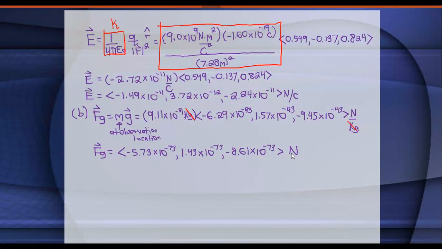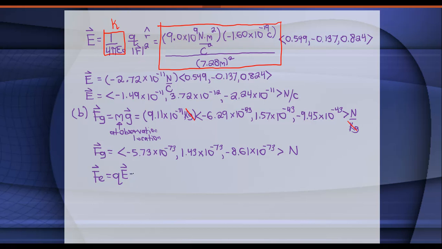Now, we can do a similar thing for the electric force. We can calculate the electric force just by drawing a perfect analogy with the gravitation equation. So instead of Fg, we write Fe. Fe is equal to, instead of mass, charge, Q. And then instead of the gravitational field, we have the electric field, E. Once again, this Q value is the charge at the observation location.